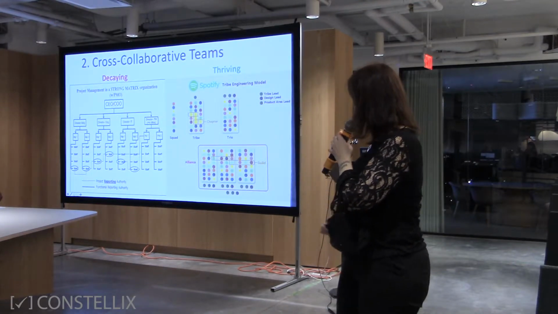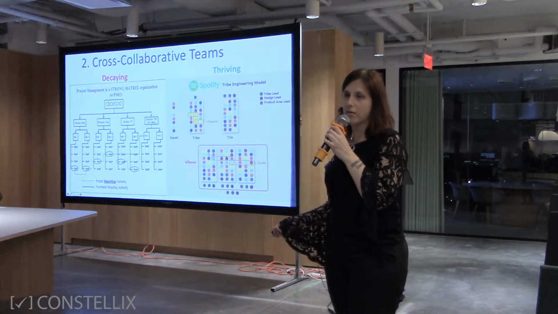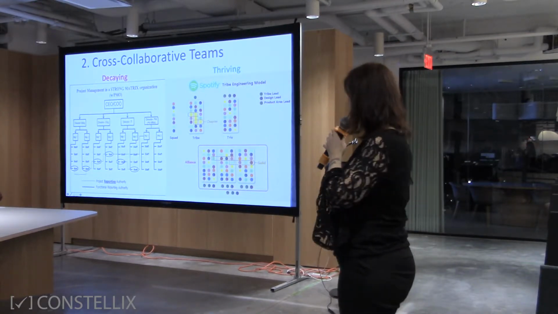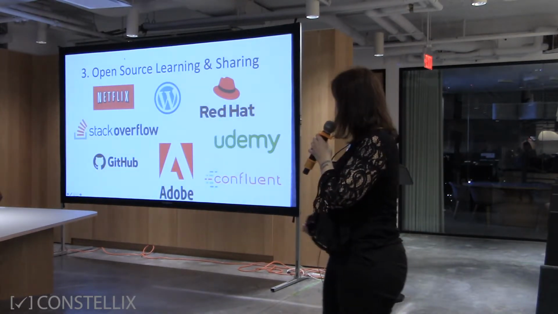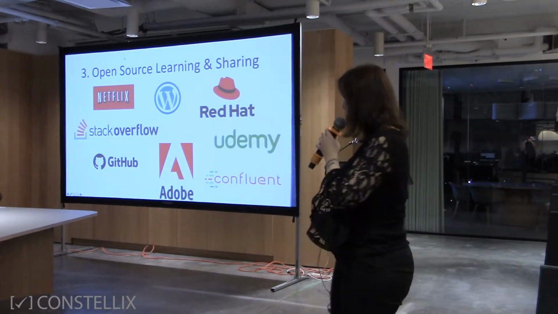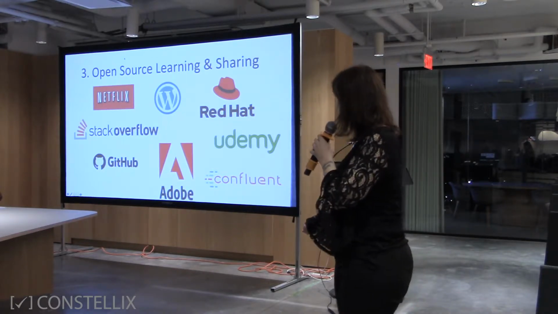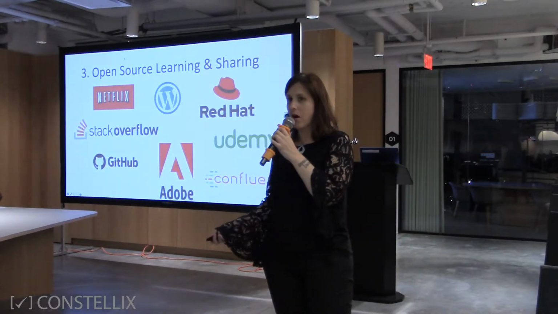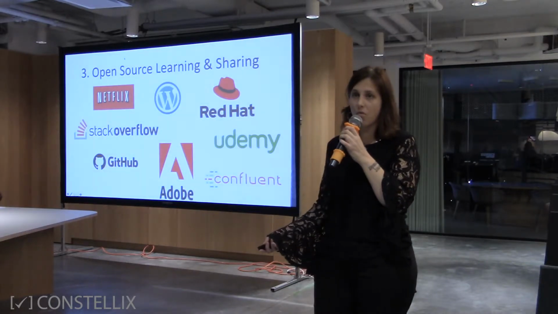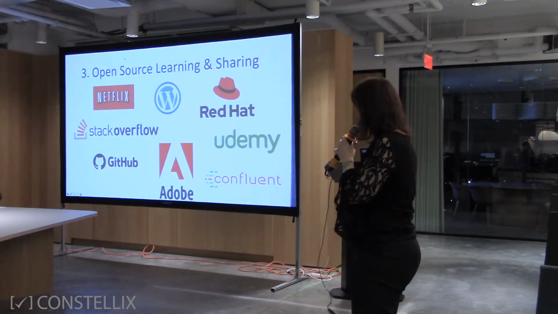So this cross-collaborative teams is the second part of digital transformation. So with that comes open source learning and sharing. What you see here are billion-dollar companies, and all of these companies and dozens more are actually built on open source learning and sharing.